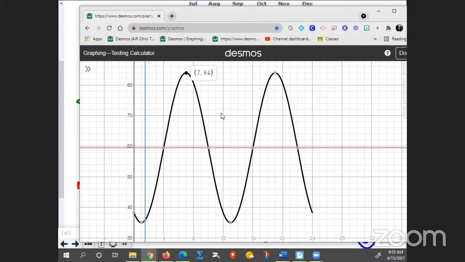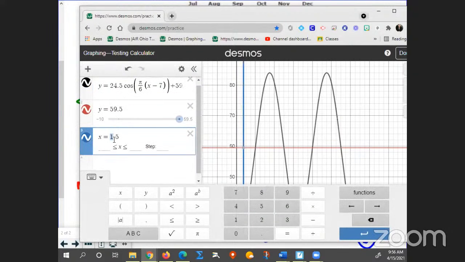How would I figure out what the average temperature is for April 15th? So how many days are in April? That's 30. Guess what we're at? The halfway point. So what would we be at right now? What would be the month I put in? 4.5. Let's go ahead and do it.